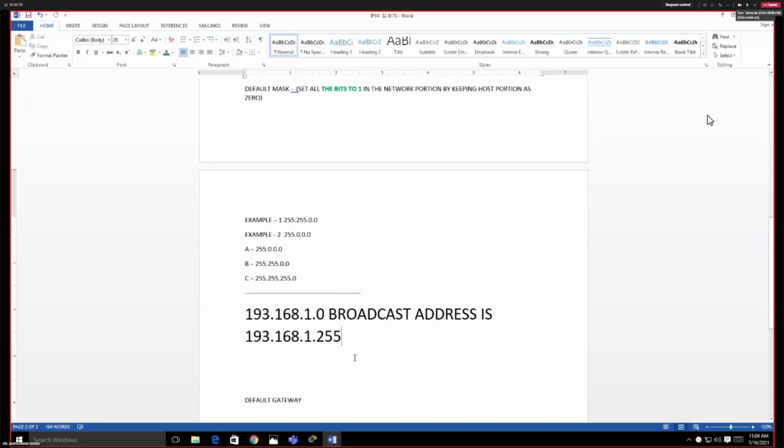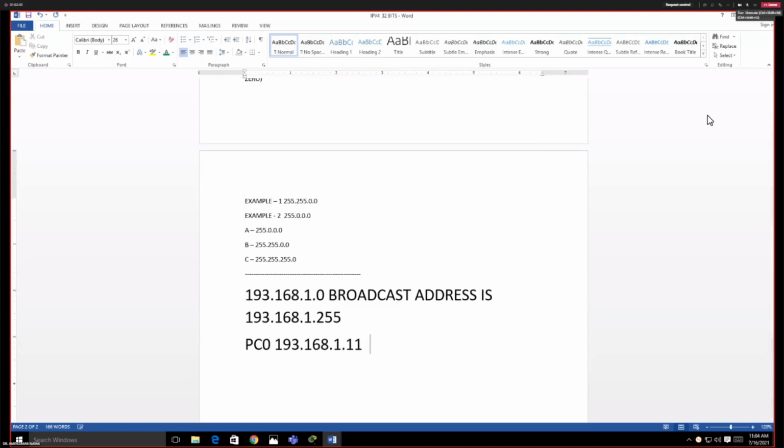Now, if you are working in lab 1 on PC0, which has IP address 193.168.1.11, and PC0 sends a message to destination IP 193.168.1.255, then what will happen with that message?